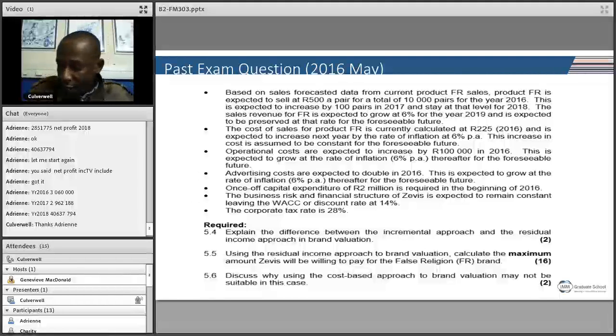So with those figures, when you want to calculate the net present value or the value of this entire company now, this is what you then do. Remember, on your additional information, right at the end, it says a once-off capital expenditure of 2 million is required in the beginning of 2016. So when you're calculating your NPV, you use the CFJ method.